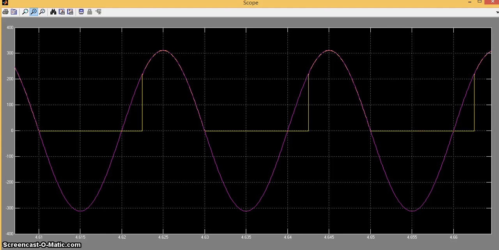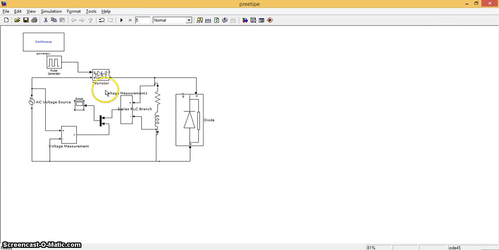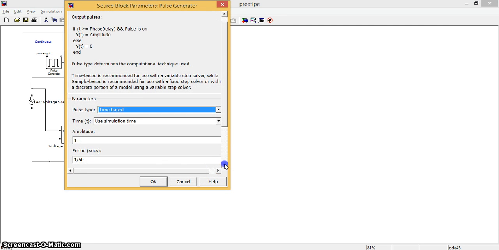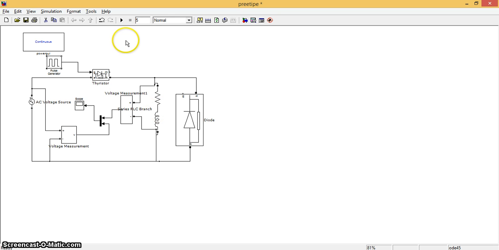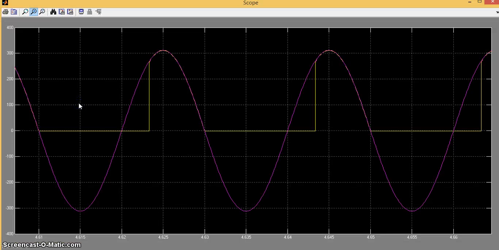Since we are discussing different firing angles, let us change the firing angle. Say 60 degrees. Run. See, the angle has changed to 60 degrees. This is the alpha angle.